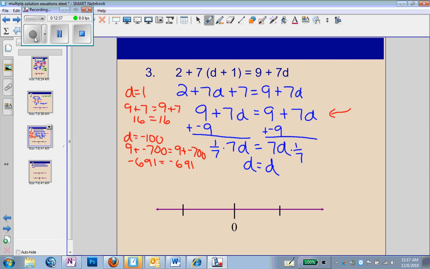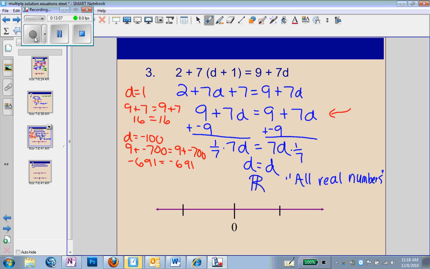So the way that we answer this, the correct answer, is all real numbers, and we use a particular notation. That's the notation for all real numbers. And it means any number could make it a true statement.